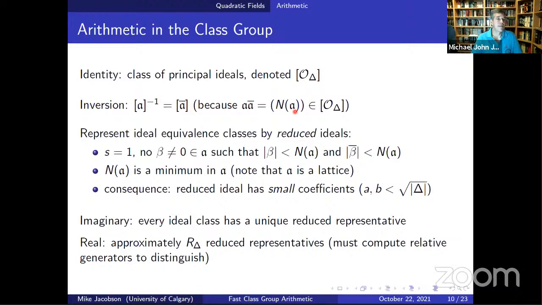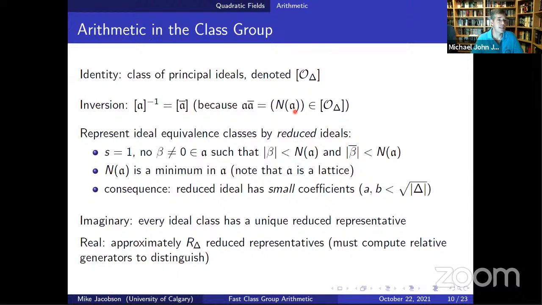How do we pick representatives? So there's infinitely many ideals in each equivalence class, but here you want to do the same thing that you would do for integer arithmetic modulo a prime. When you do that, you usually are just going to pick the smallest remainder modulo the prime as the canonical representative of that entire equivalence class, because those are the smallest.